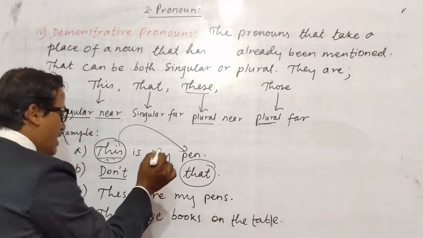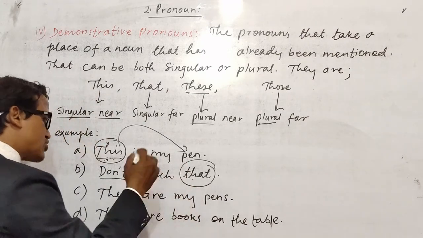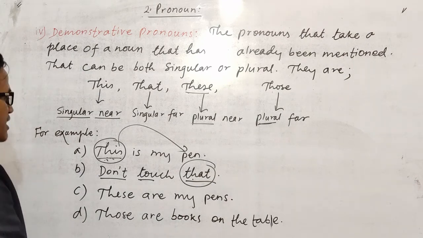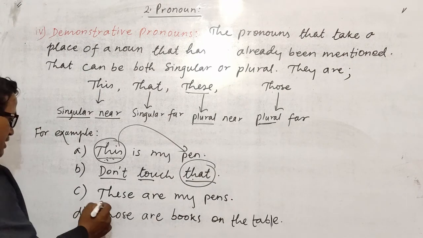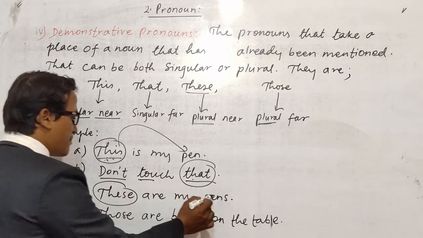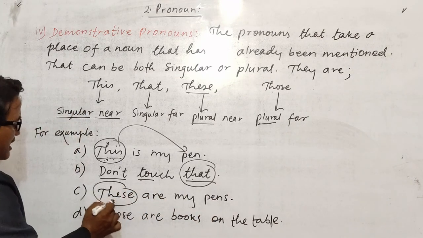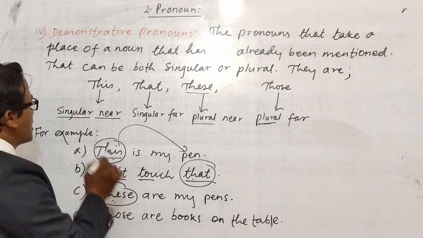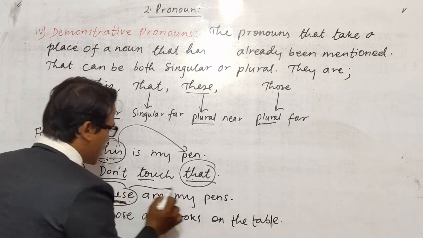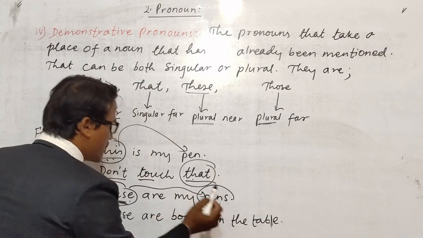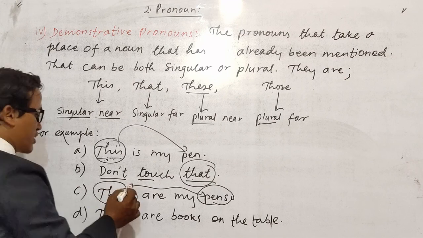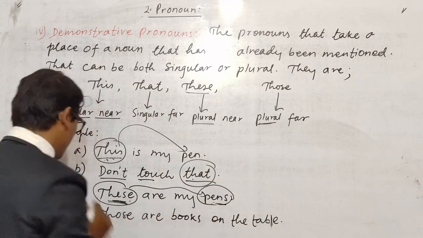In place of a noun, this that is demonstrating in place of a noun, and this is what? Demonstrative pronoun. Similarly, these are pens. So this word these is functioning as a demonstrative pronoun, connected to the pens, because these are plural nouns, and this is functioning in place of nouns.